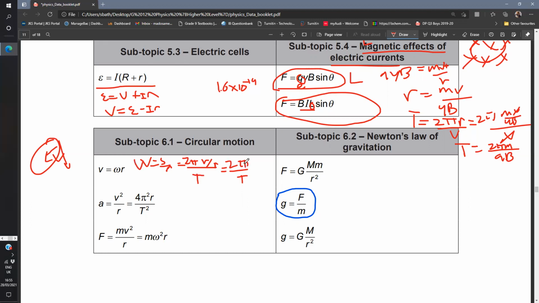Omega is equal to 2 pi over T. Then we also have v is equal to 2 pi r over T, and 1 over T is equal to f. So v equals 2 pi r f, which is basically just omega r.